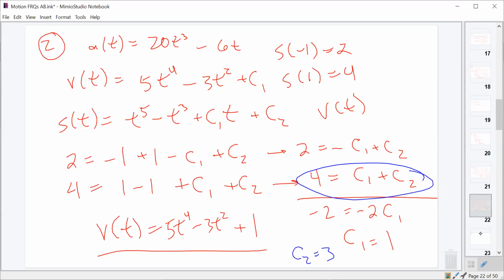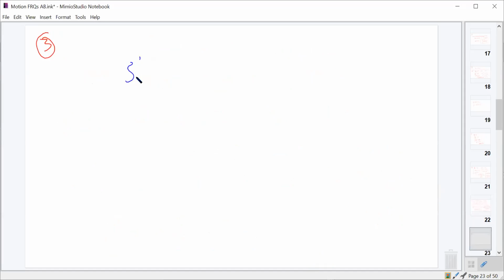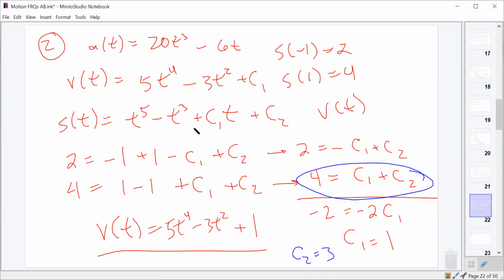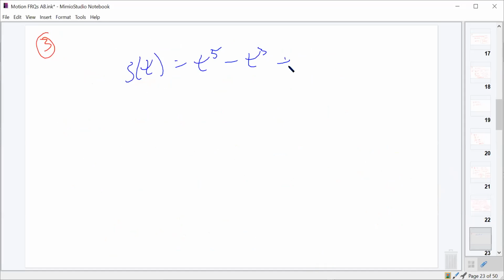So we can say that s of t is t to the 5th minus t to the 3rd plus t plus 3, right? And if we want s of 0, well, that's just 3. Pretty easy if you got number 2 done. Everybody good there with 3?